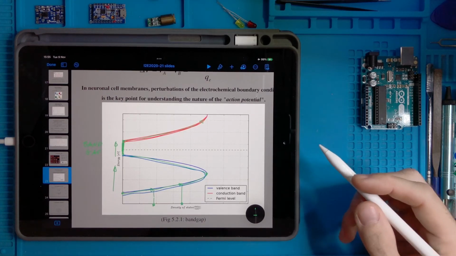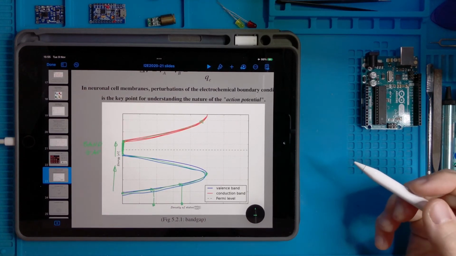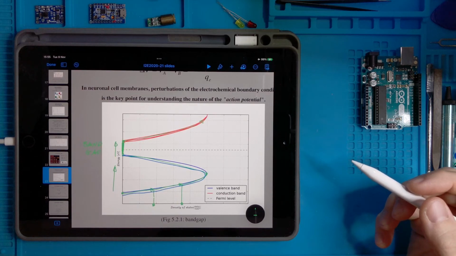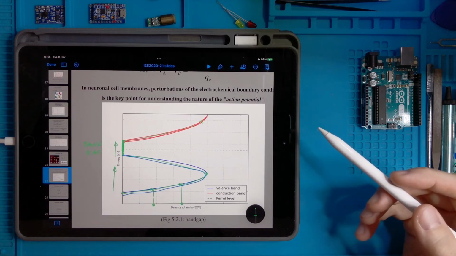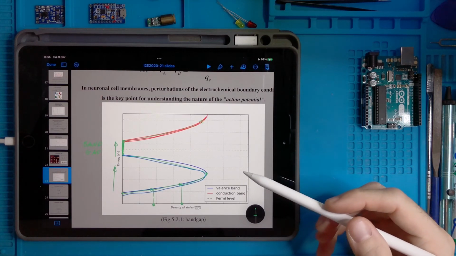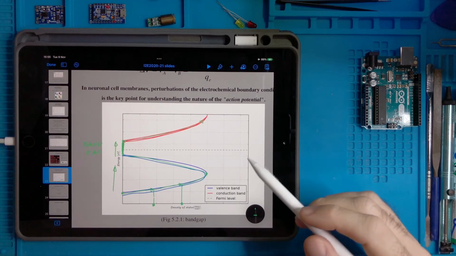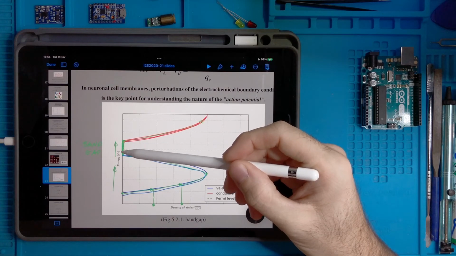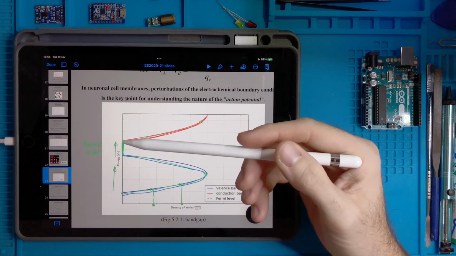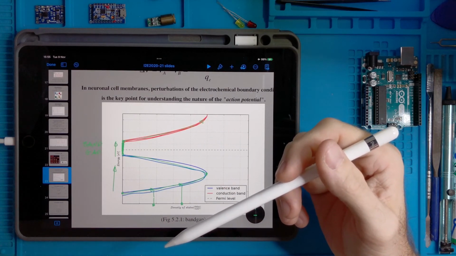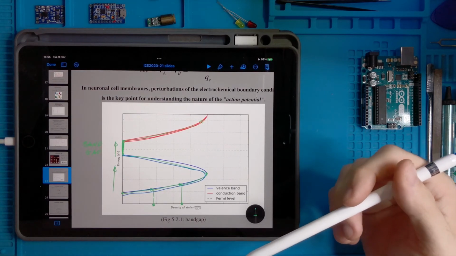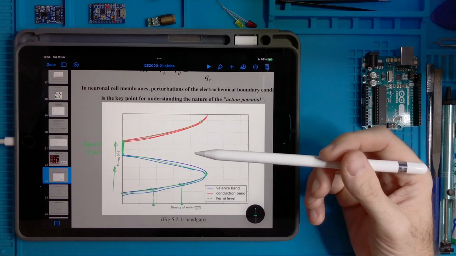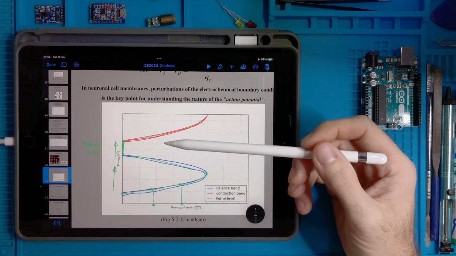Then there is a third class of materials, which are called the semiconductors. And the corresponding graph is similar to this one, but with a very small band gap. So a very small band gap means that the material is an insulator, but it's easy to make it a conductor.